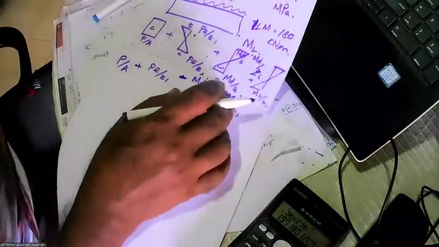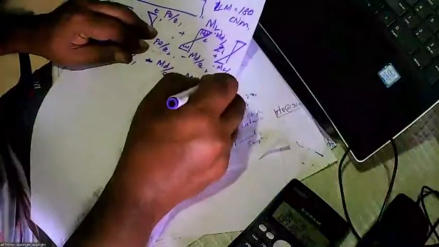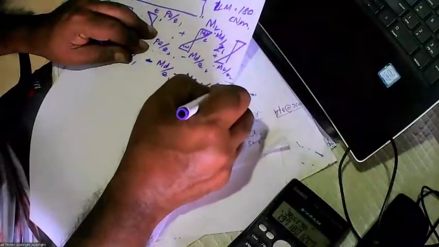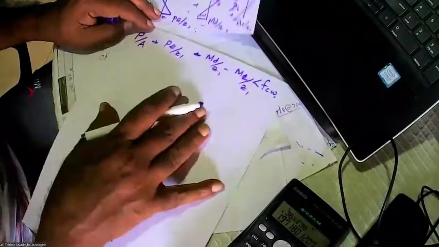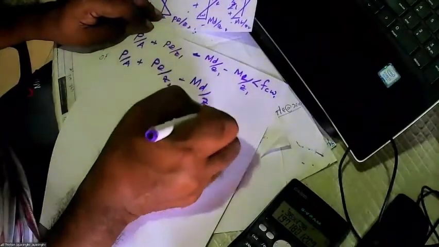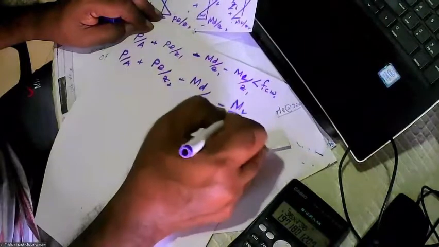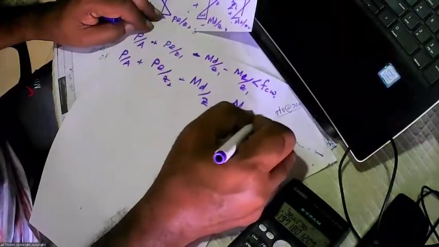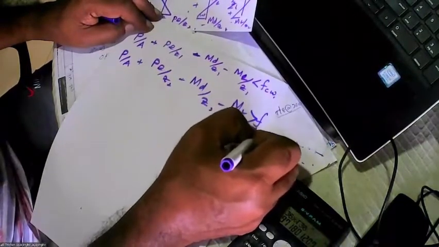Now what is the failure at the top? At the top, what is the failure? Failure is compression. So it should be less than compression at working. And we get PO over A plus P over Z2 minus MD over Z2 minus ML over Z2 should be greater than tension at working. So now you can see we have 4 equations.